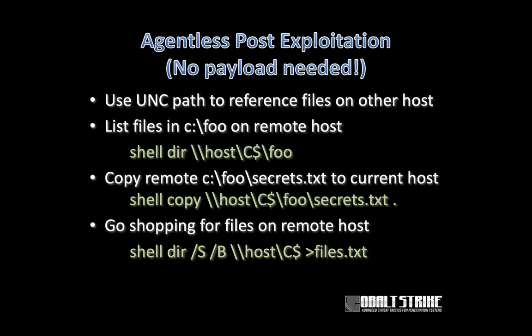And if you want to create a shopping list of files, you can do something called a dir walk to list out all the files and paths on that system, or on a C drive anyways, dump it to a file, and go shopping. So this is the idea of agentless post exploitation. It's using your administrator rights on a remote system to do things to it without putting a payload there.